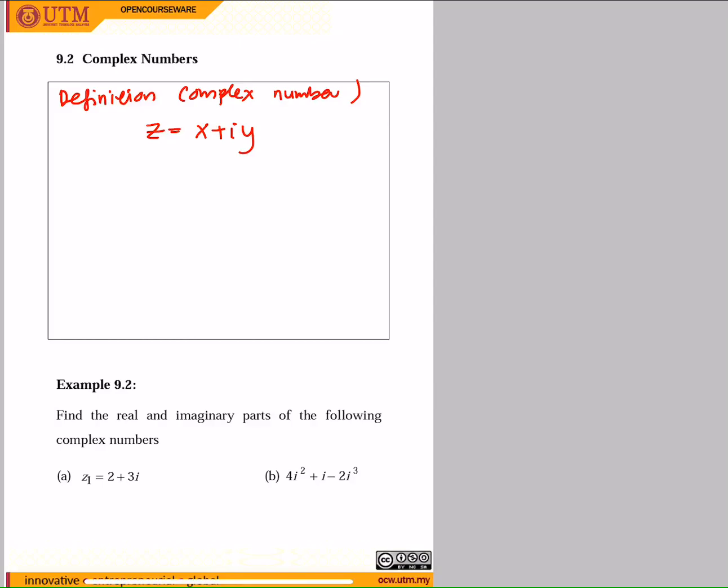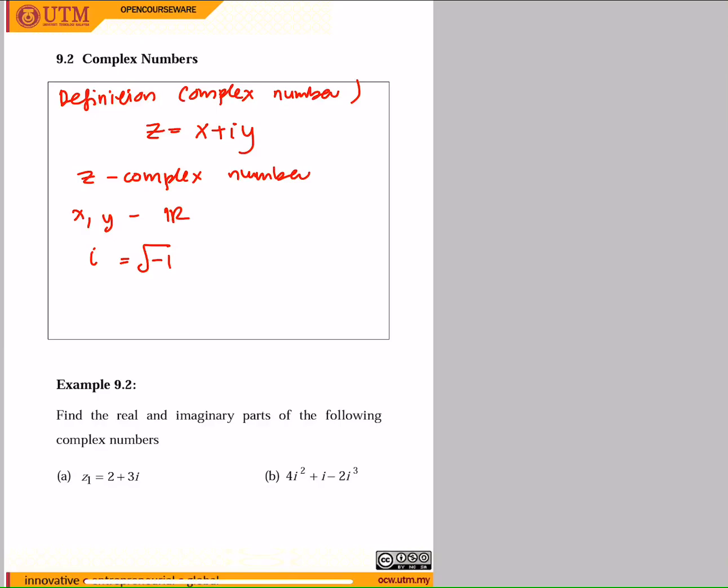Z is the complex number, X and Y are real numbers, and i is equal to the square root of minus 1.